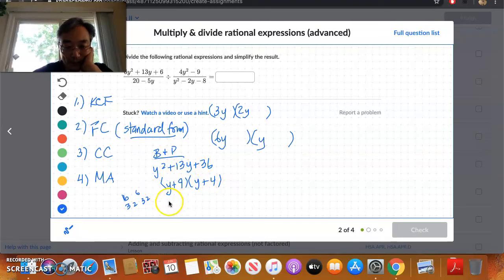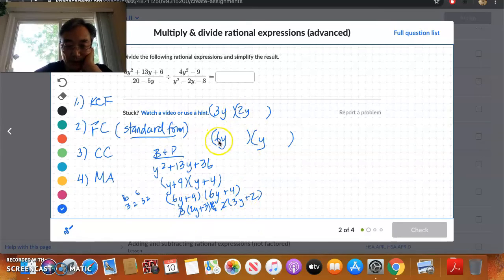Okay? And then we borrow the 6's. So 6y plus 9, and then 6y plus 4. We factor each one. So 3 times 2y plus 3, and then this one's going to be 2 times 3y plus 2, and then pay back one of the 6's. So, yep, we are right.